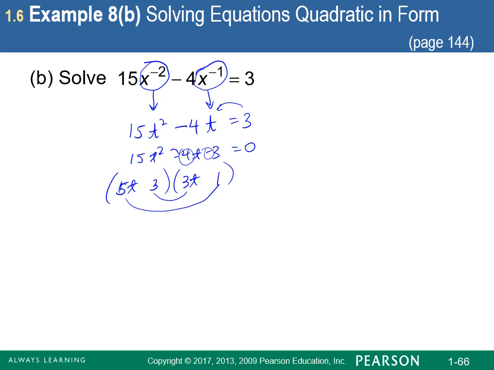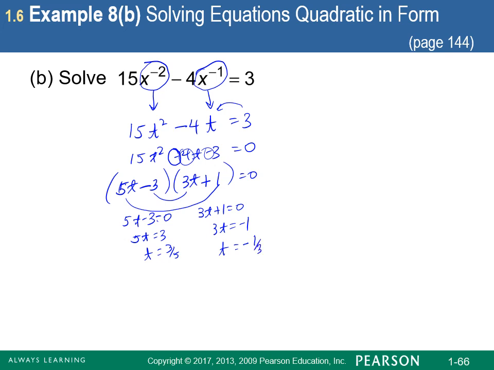We also need a negative on the larger product, which would be the 3's. So 5t minus 3 equals 0 means 5t is equal to 3, or t is equal to 3/5. 3t plus 1 equals 0 means 3t is a negative 1, or t is a negative 1/3.